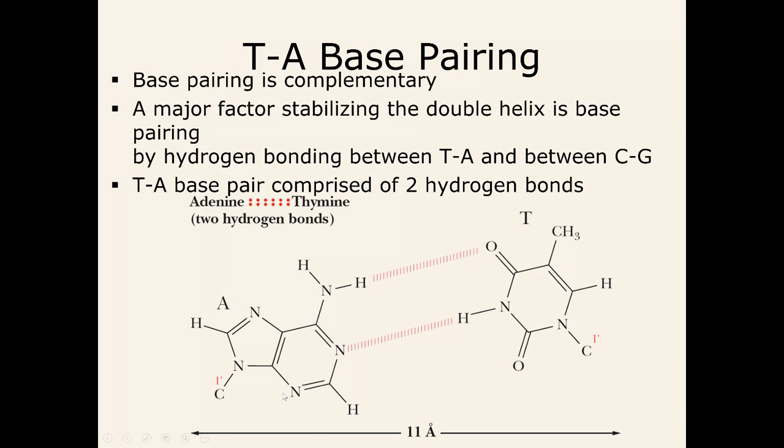So the base pairing is said to be complementary, and in this case, this is A and T. It has the ability to form hydrogen bonding between two groups here. So normally if you see them in pictures, it'll show these two interactions.